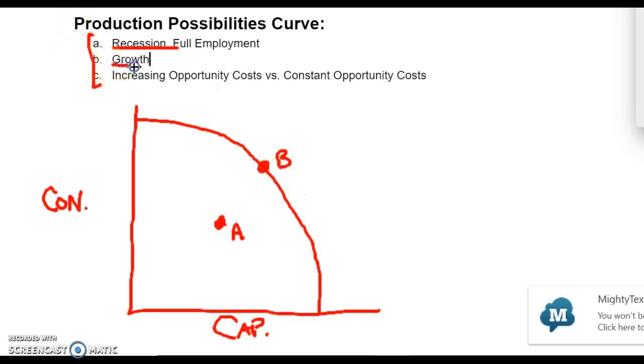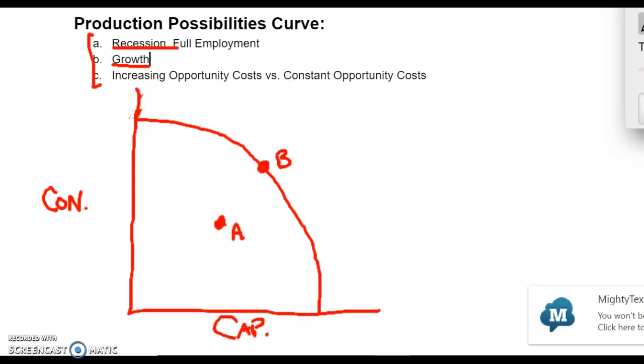Now let's jump into growth. There are three things that can cause economic growth. The first thing that can cause economic growth is an increase in technology. We can also have an increase in productivity, which we show as more capital goods, for example, or an investment in human capital, meaning people are educated, and so they have more productive capacity, right?